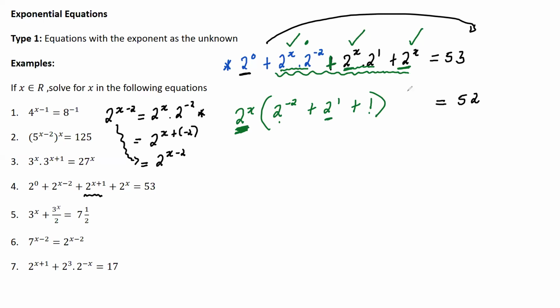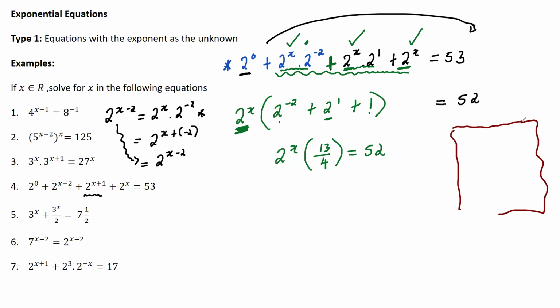And now when I do the maths, 2 to the power negative 2 plus 2 plus 1 is actually 13 over 4. That's what it is equal to. And now notice this. Let me show you something from basics.